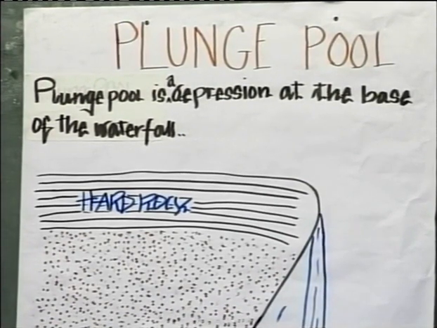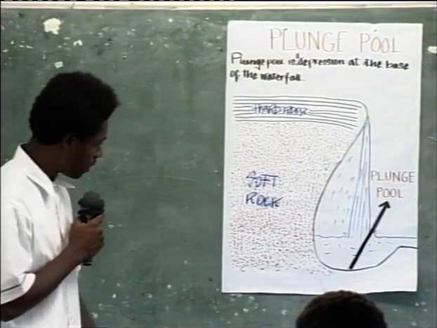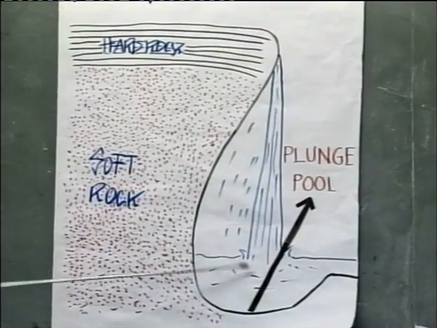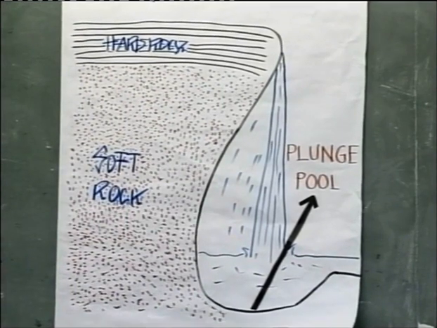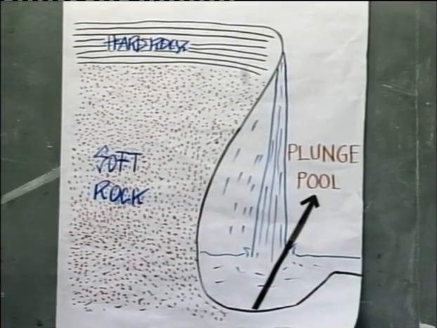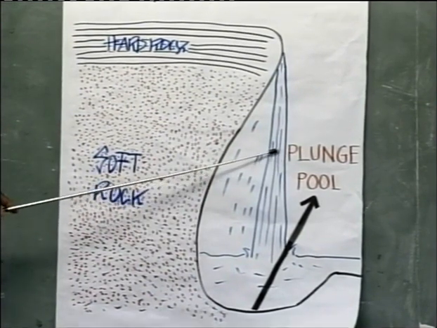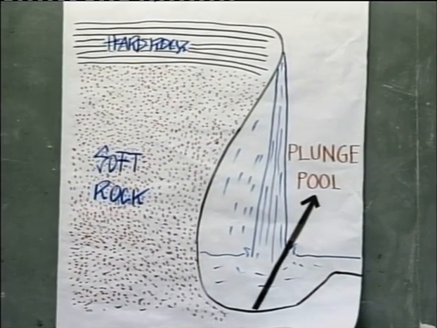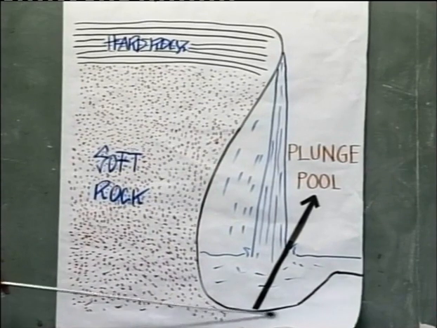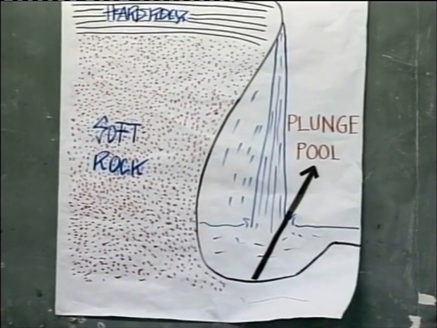A plunge pool is formed due to the hydraulic action as the water falls down. This is the hydraulic action that is formed by the waterfall. In other words, the weight of the waterfall falls with pressure, and the falling water carves out this depression here, which forms a plunge pool.